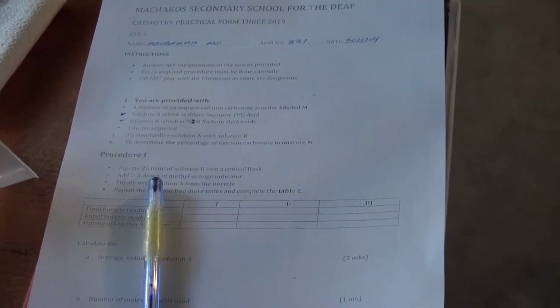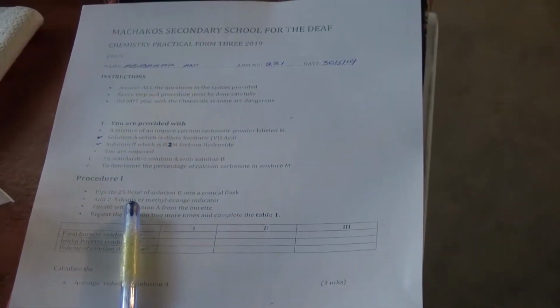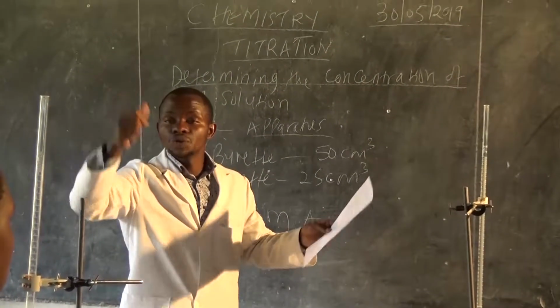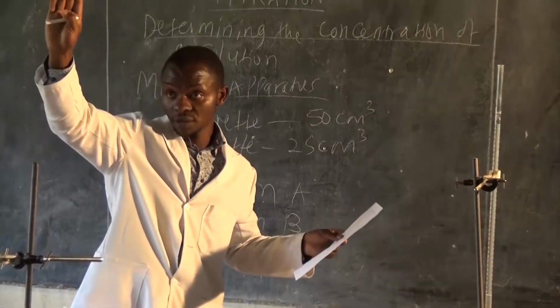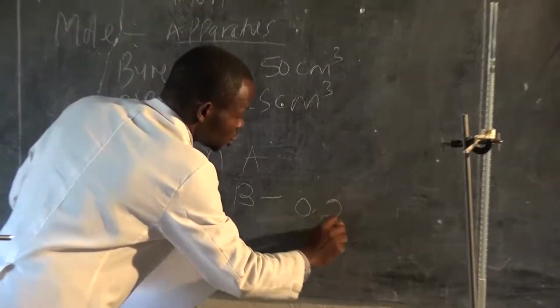Now, looking at our paper, we have solution A and we have solution B. Which one has molarity? Solution B. So B has 0.2 molar.